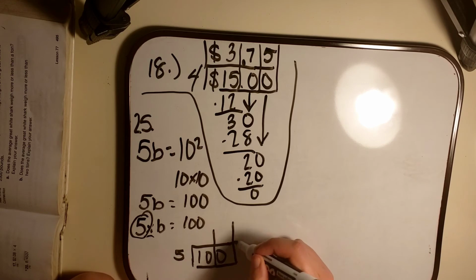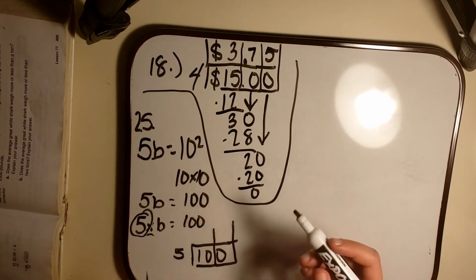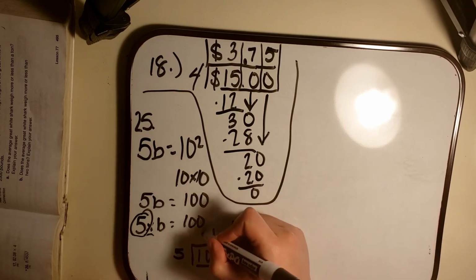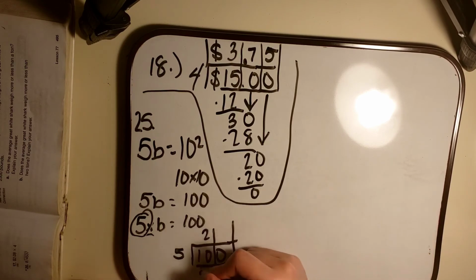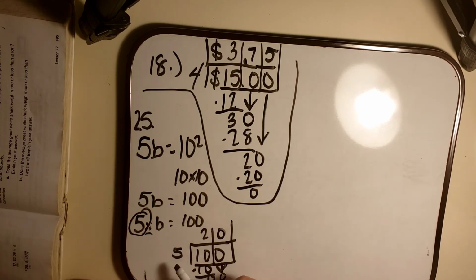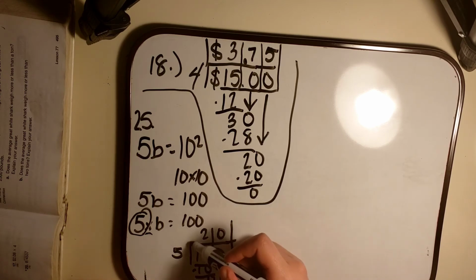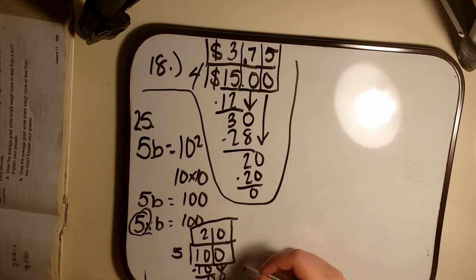I'm just doing this to help me keep my numbers nice and organized. 5 goes into 10 2 times, because 5 times 2 is 10. 10 minus 10 is 0. Bring down the 0. 5 goes into 0 0 times. We got nothing left over. So our answer is 20.